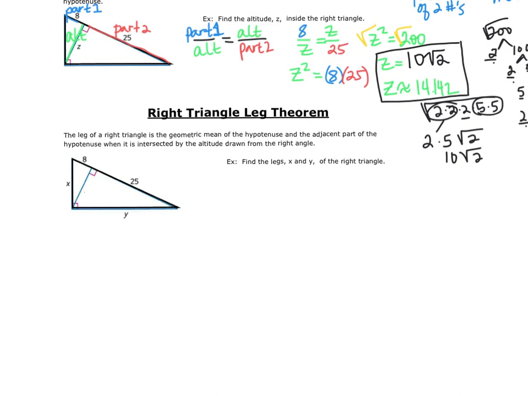Okay, so the leg is the geometric mean between part 1, or this one is part 1, and the whole hypotenuse. Okay, so we have leg, and then we have hypotenuse, and adjacent part.